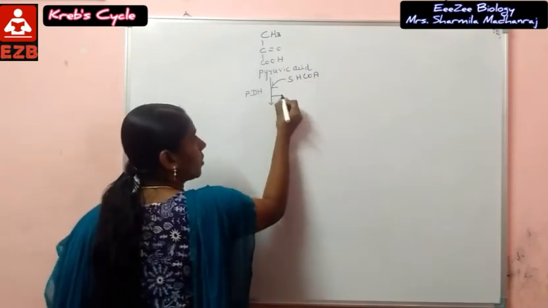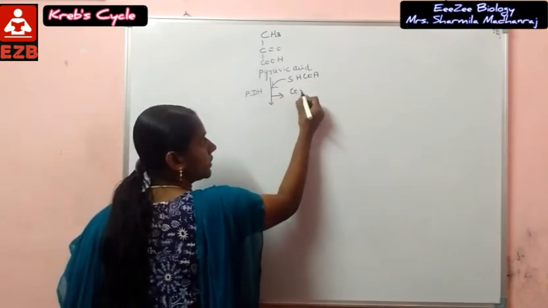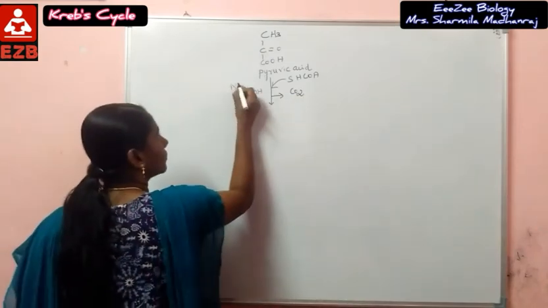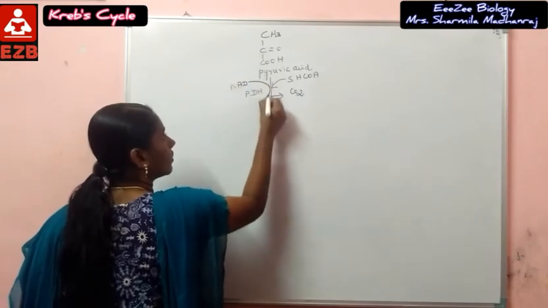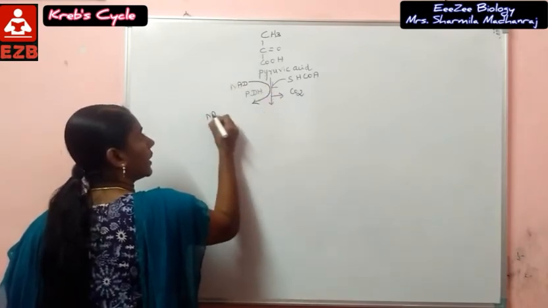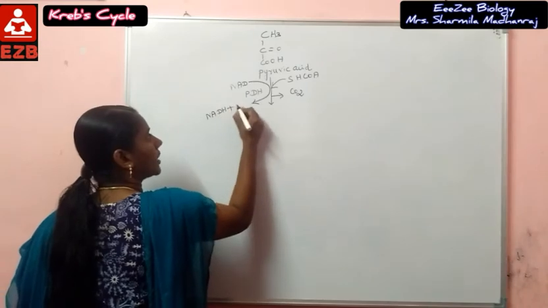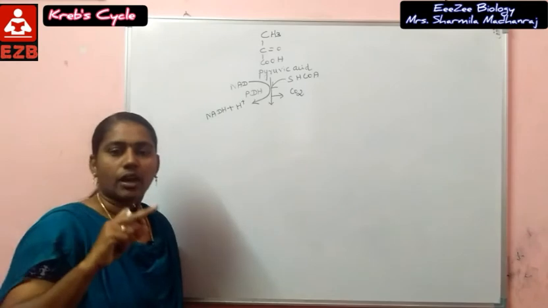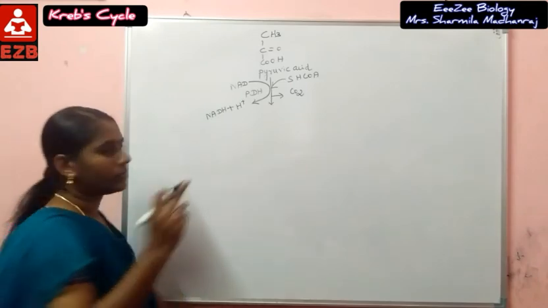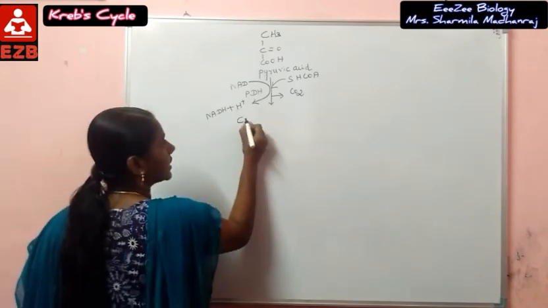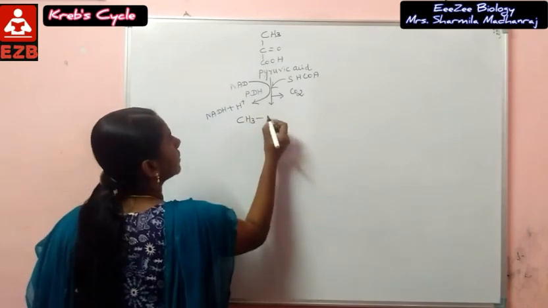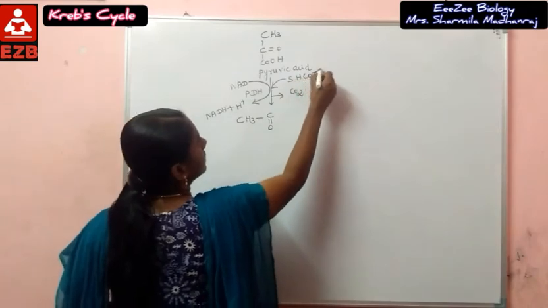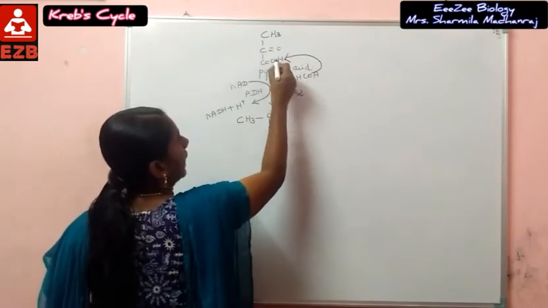HSCoA enters, and with decarboxylation, carbon dioxide goes outside. Here NAD is converted to NADH plus hydrogen ions. How is that converted? CH3, C double bond O. The coenzyme enters into this reaction.